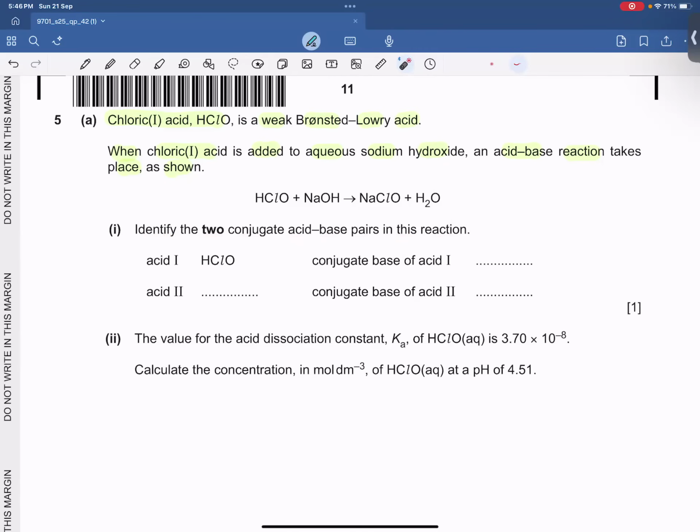Two conjugate acid-base pairs. So if it is an acid, obviously this is going to be the conjugate base pair.